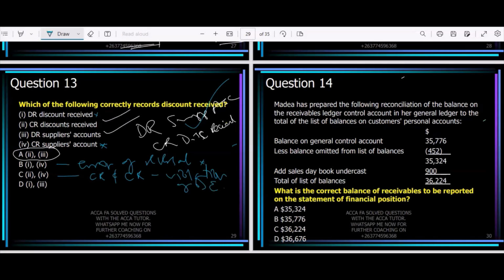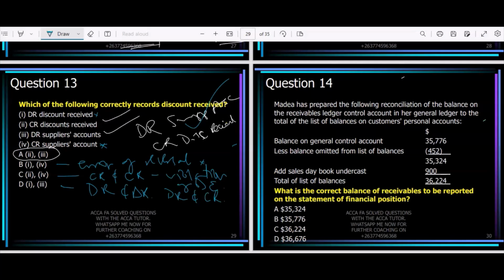Because in double entry each transaction should have a debit and a credit, not a credit and a credit. Similarly, D is saying debit discount received and debit supplier account. This is a debit and debit, which again is a violation of the double entry bookkeeping system. So you can see that the only answer there was A.